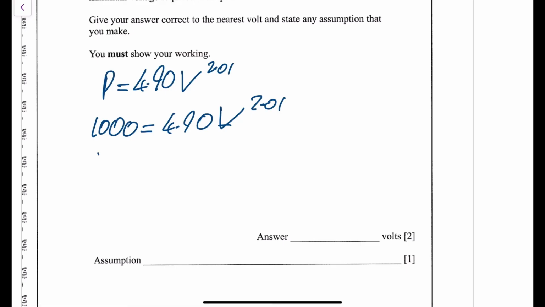So divide across: 1000 divided by 4.90 is equal to V to the power of 2.01.